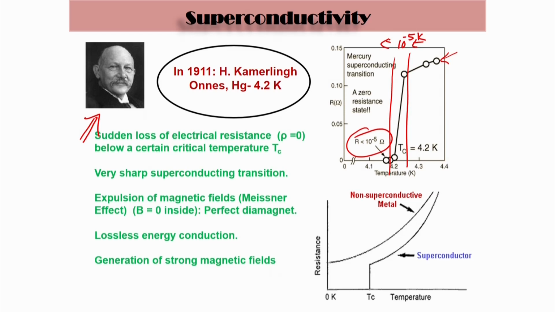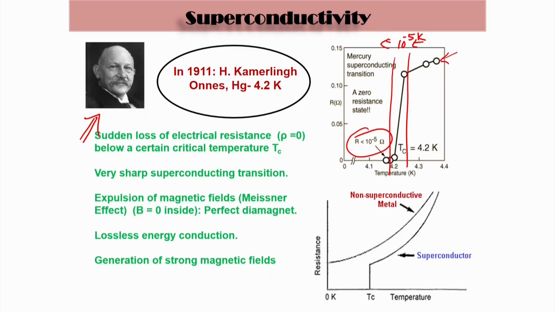The region to the left of this transition is called the zero resistance state, and this is a plot of mercury showing the transition. T c is the temperature that demarcates the metallic regime and the zero resistance regime, and that temperature is 4.2 Kelvin. So, what happens is that there is a sudden loss of electrical resistance, denoted by the symbol rho, below a certain critical temperature T c.